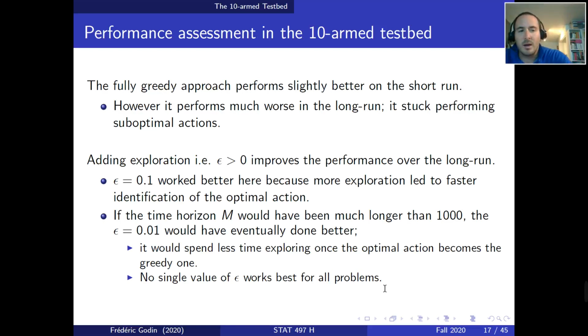Okay, so this is not in the slide, so I'll briefly mention it. We said that exploring is very important at the beginning and less important eventually as your estimates become better or more accurate. So an idea you could pursue is to have what we call a schedule where epsilon is not kept constant through time, but might be decreasing through time as exploration becomes less and less important.